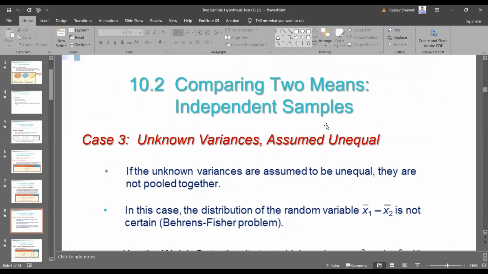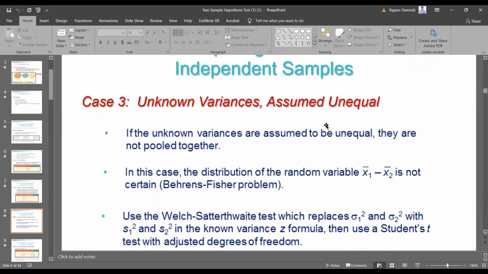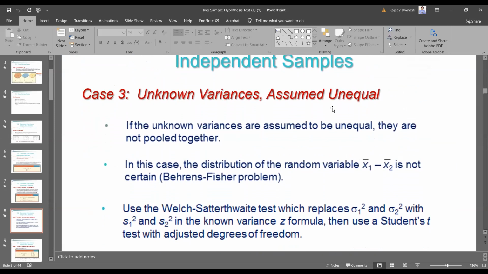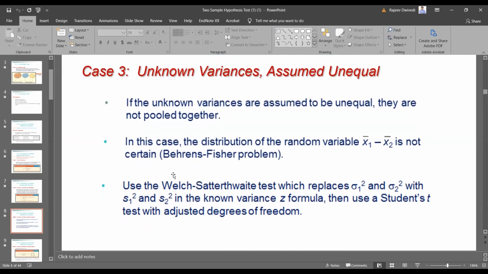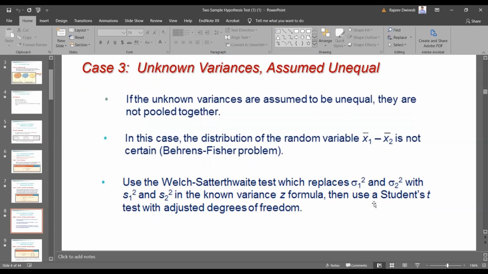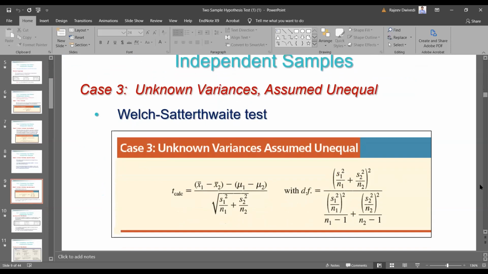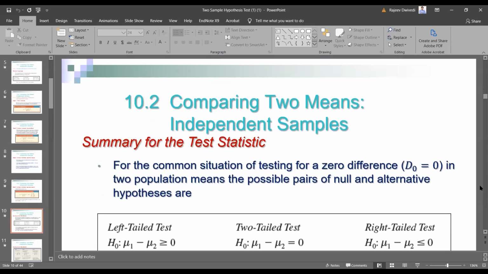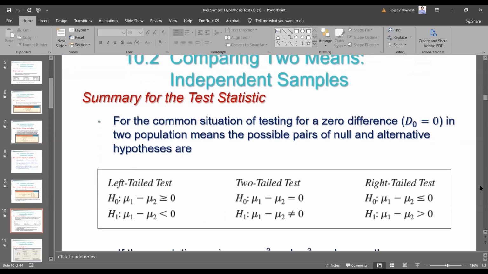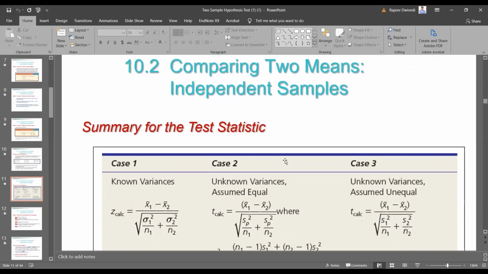Case three, unknown variance, assume unequal. If the unknown variances are assumed to be unequal, they are not pooled together. In this case, the distribution is different. So how do we know? Use this statistic.